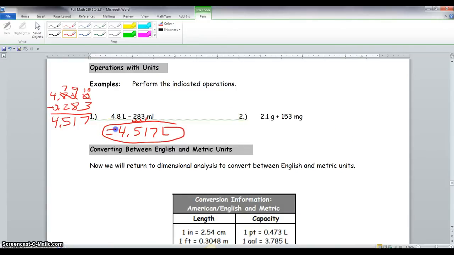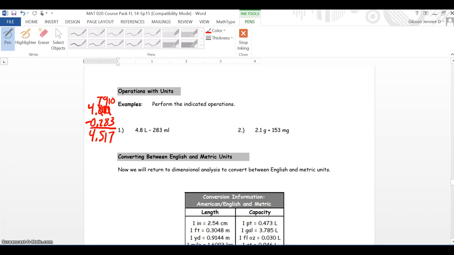Now, we go over here, we could do the same thing. We could change this milligrams to grams. So we'll put our decimal here, and you know we have to move it 3 places to the left. So now we would take 2.1 plus 0.153. We know both are grams.